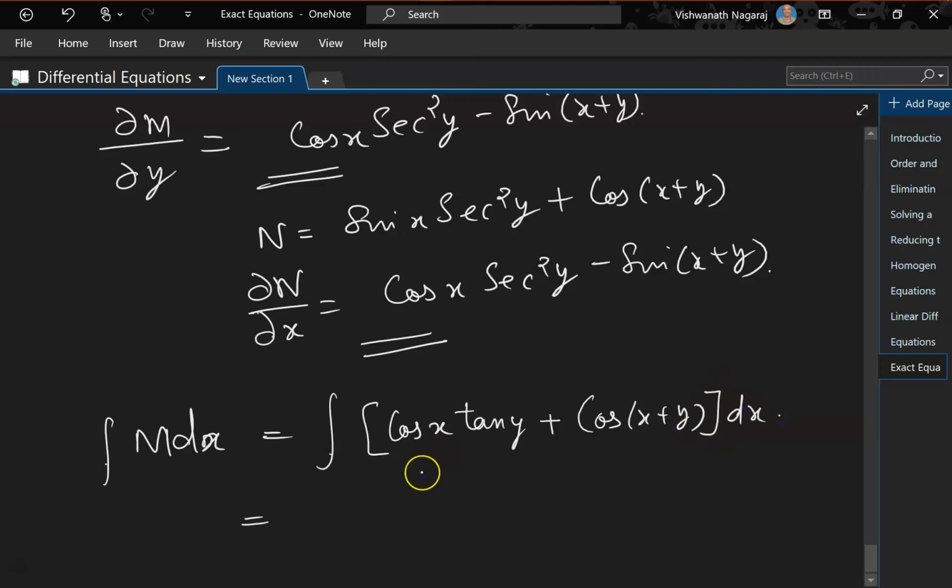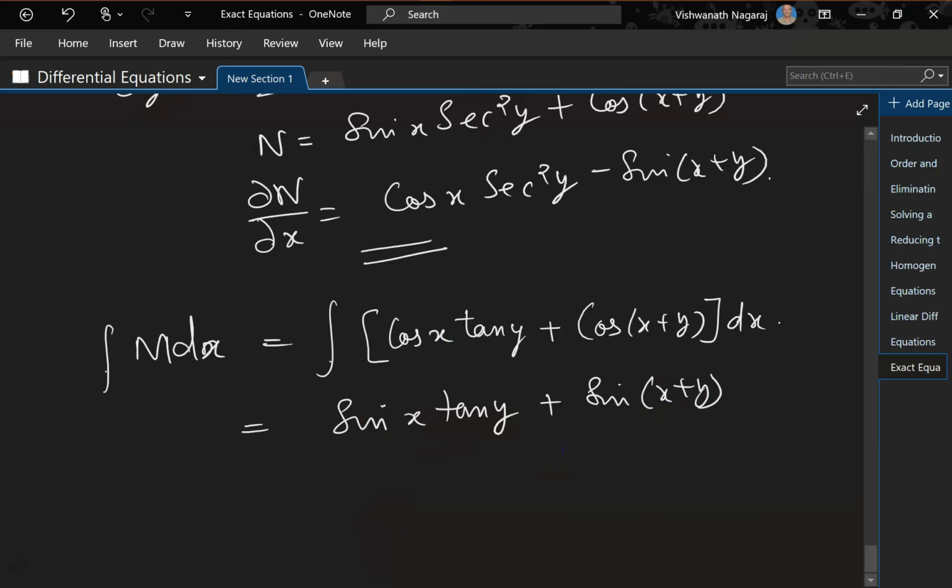Now this would be sin x tan y plus sin(x plus y). Just verify it. If you differentiate this, you should get that. Okay, so sin x tan y plus sin(x plus y).